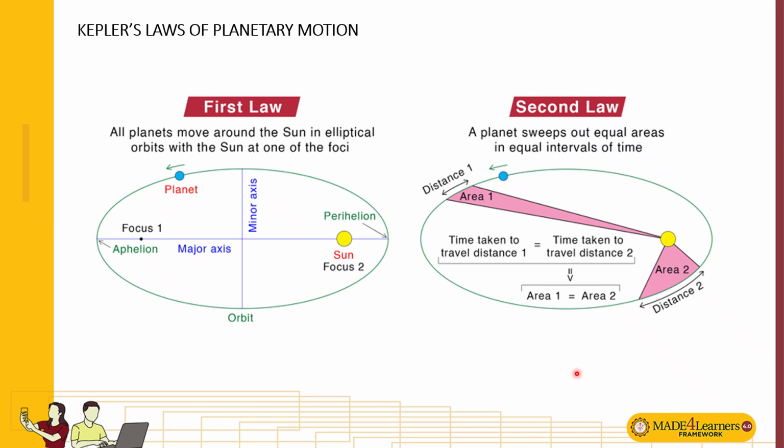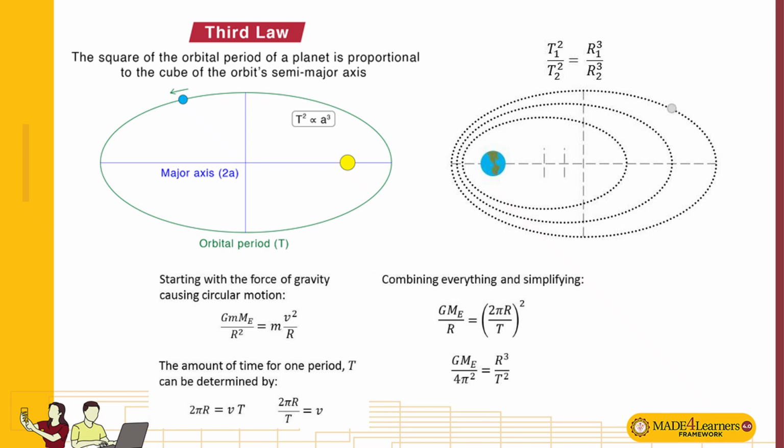So we'll use that later for some specific examples. For Kepler's third law of motion, the square of the orbital period of a planet is proportional to the cube of the orbit's semi-major axis.